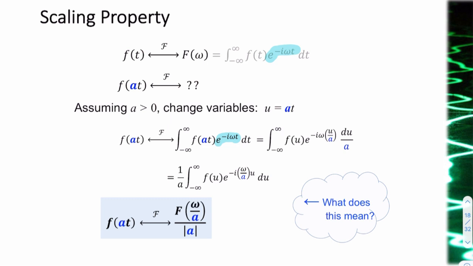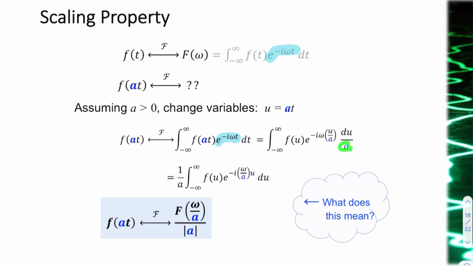Well, one way is to rewrite at as some other variable, u. And that way, instead of having f of at, you now have f of u. And then you can say, well, that means that t equals u over a. And that goes there. And then you have dt becomes du over a.